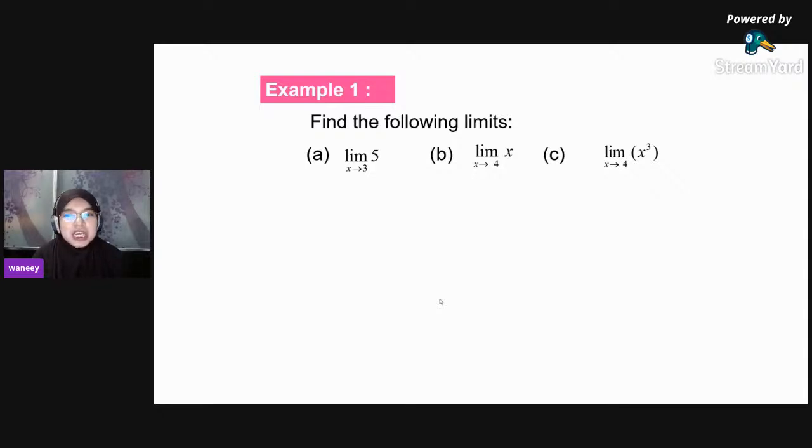Okay, Alhamdulillah if you got it. Okay, so let us check your answer and see whether you get the same answer as mine or not.